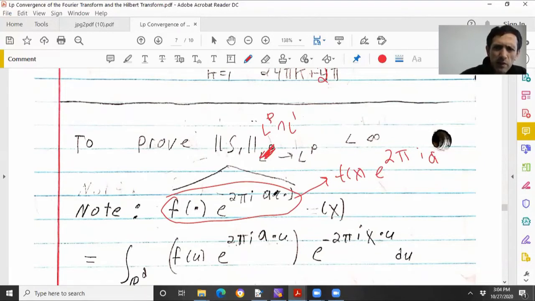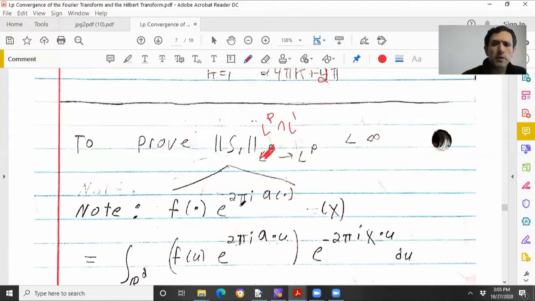Should be a dot here. So we want to take the Fourier transform and see what that is. And it has a very important property.